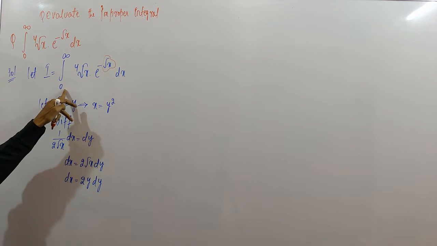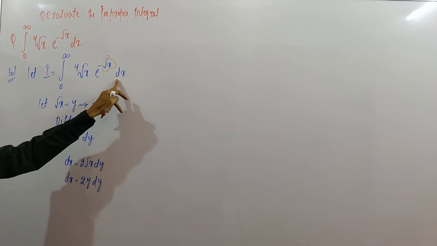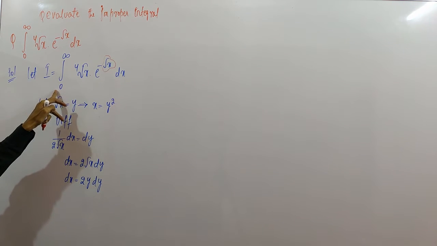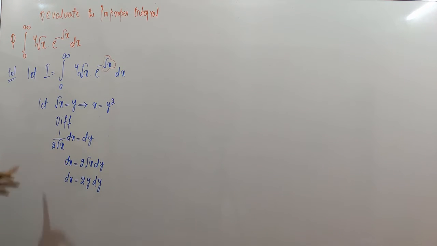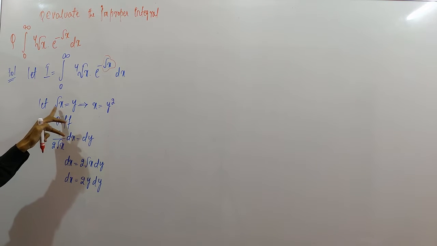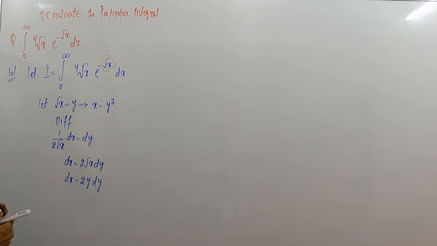Now this limit 0 to infinite is defined for x because the integral is for x. Now we have made substitution for x as y, so we will have new limits.